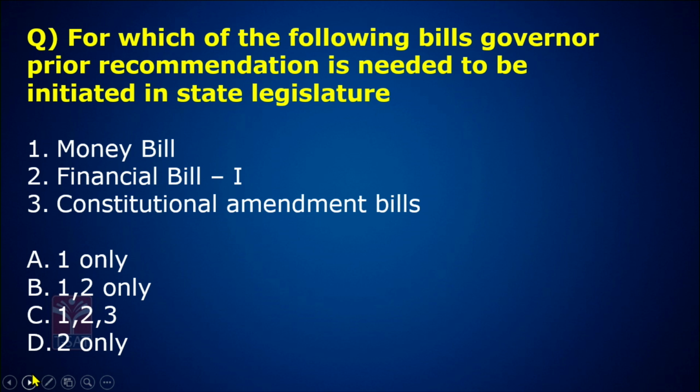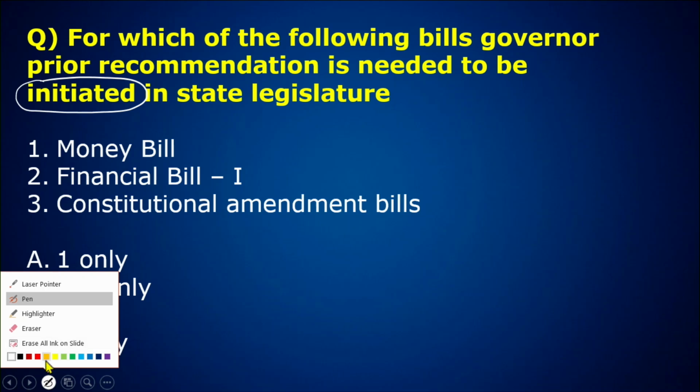Yes, look at the question. For which of the following bills is the governor's prior recommendation needed to be initiated in the state legislature? Okay, see, to be initiated in state legislature. This word is very important here.